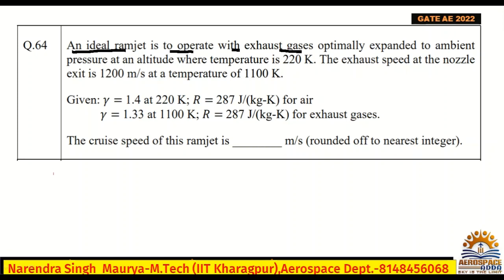So first we'll write the given data here. Okay, given data. See, ideal ramjet, first of all, this remark point you remember, what is the ideal, I will tell you. So this is not only ramjet, this is the ideal ramjet. Ideal ramjet means, remark point you need to remember, no losses. Means no shock formation.